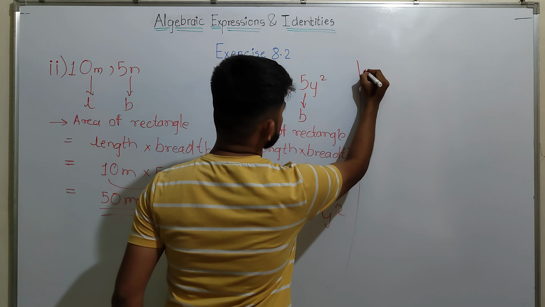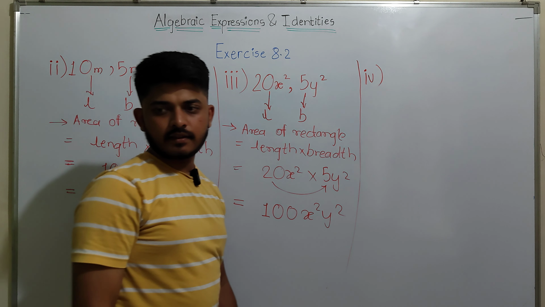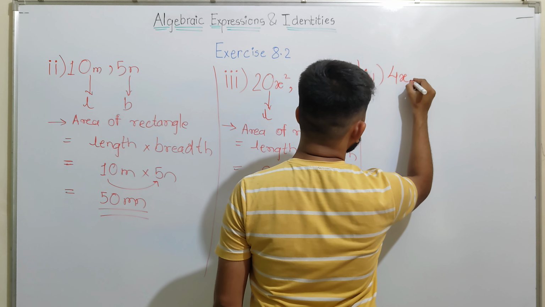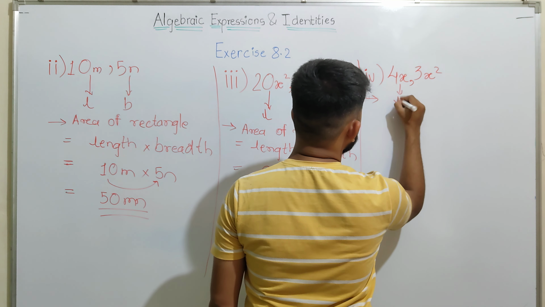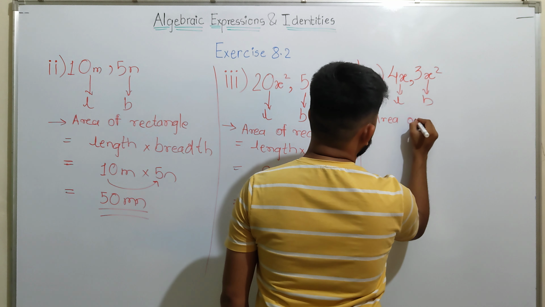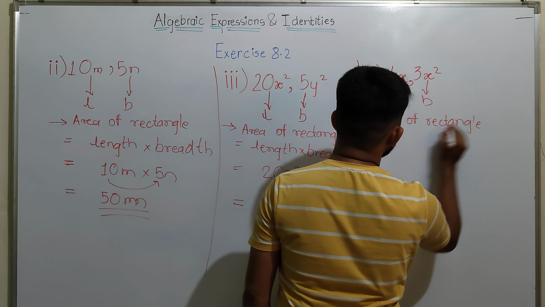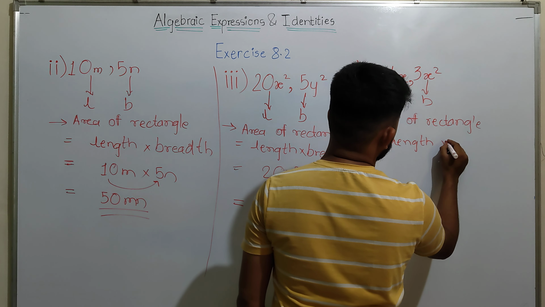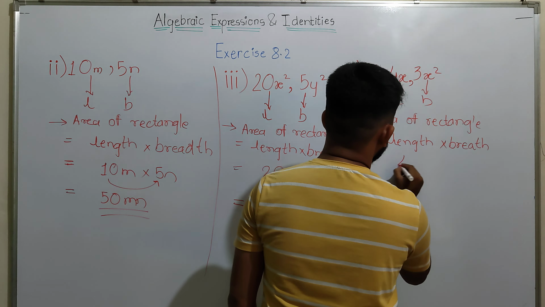Now moving towards the fourth one. Let's see, 4x and 3x square. Now this is the length, this is the breadth. Area of a rectangle is equal to length into breadth. What is length? We have 4x.